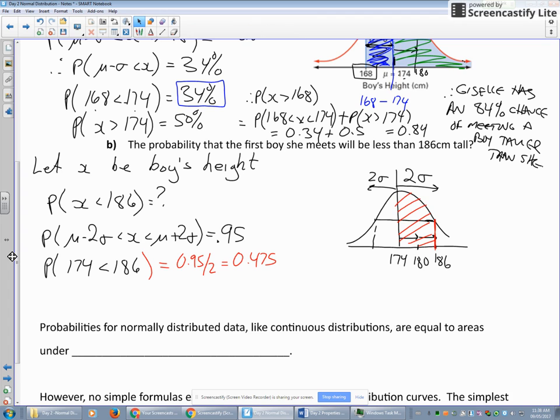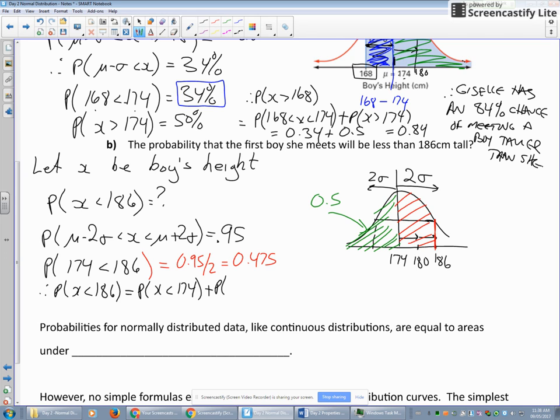And then, of course, all the other boys that are less than 174, that's the whole rest of the curve, that's going to be 0.5. So the probability of finding a boy less than 186 centimeters is going to be the probability of finding a boy less than 174, less than the mean, plus the probability of finding the boy between 174 and 186.